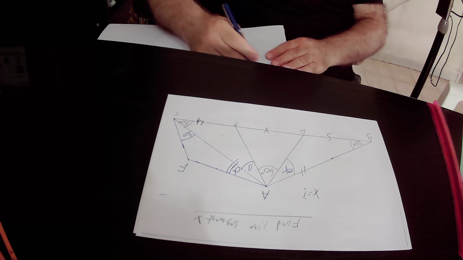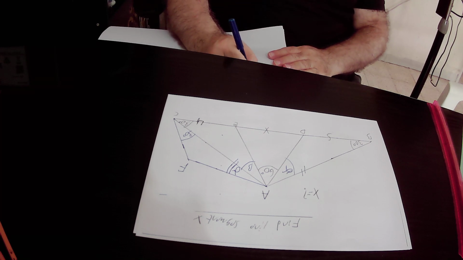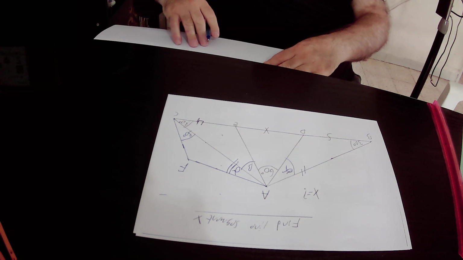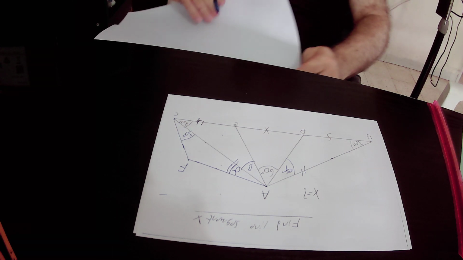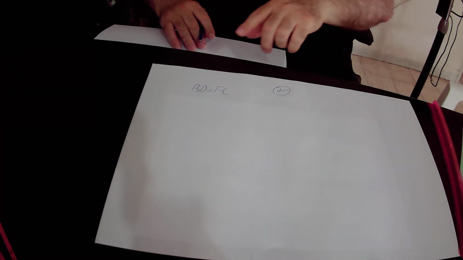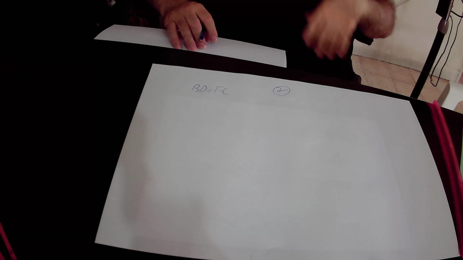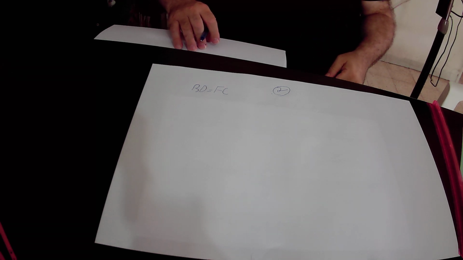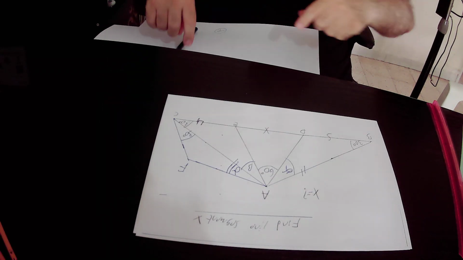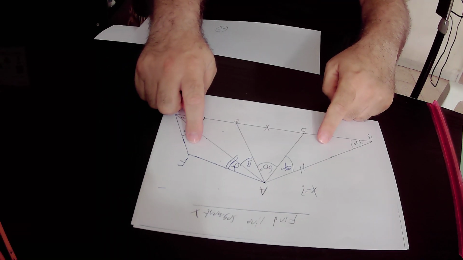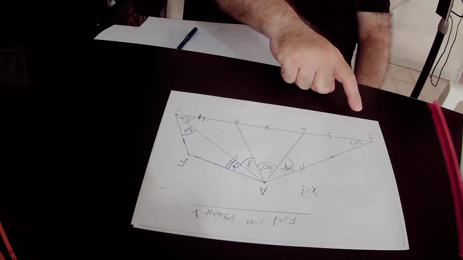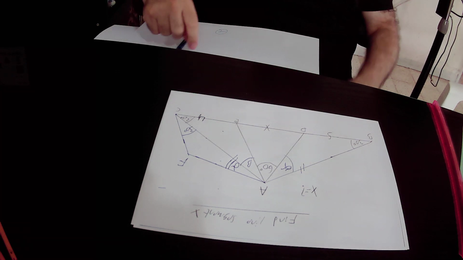So I write it down: BD equals FC. I repeat again, side BD equals side FC, according to the rule that corresponding sides in congruent triangles are equal to each other. Those two triangles can go into each other, therefore the two corresponding sides, that is to say BD and FC, must also be equal to each other.